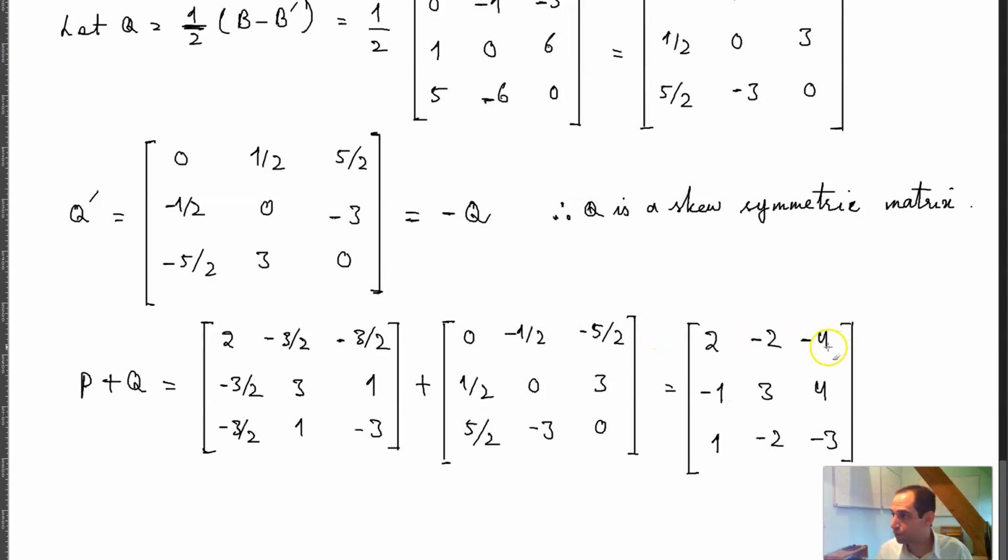Now, this is 2, negative 2, negative 4. I'm comparing it to B on my other monitor. So, negative 1, 3, 4, 1, negative 2, negative 3.